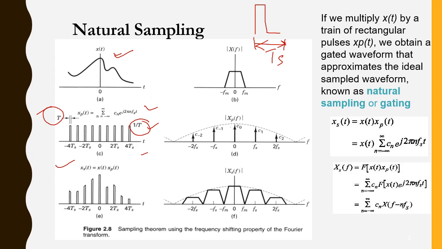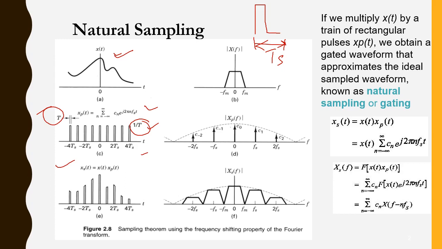We call this sampling natural sampling, since the top of each pulse in the xs of t sequence retains the shape of its corresponding analog signal during each pulse interval.